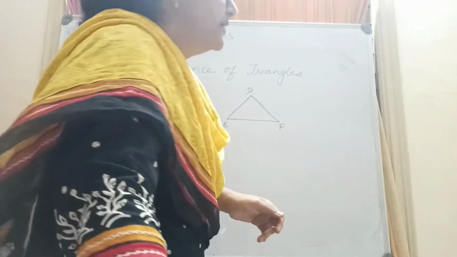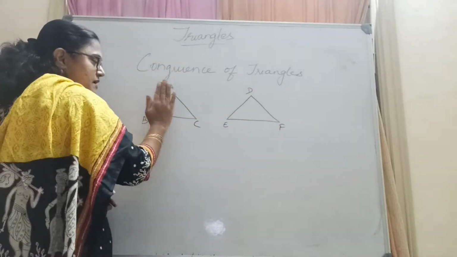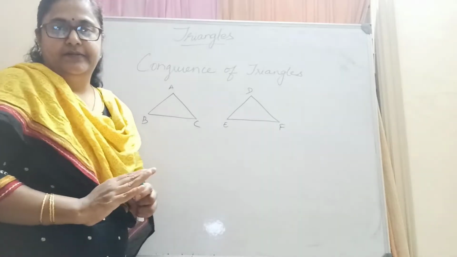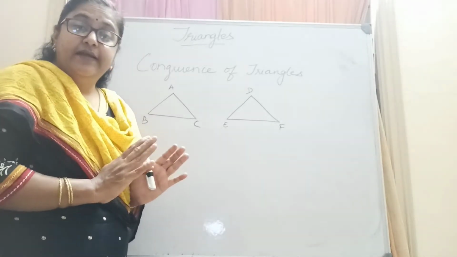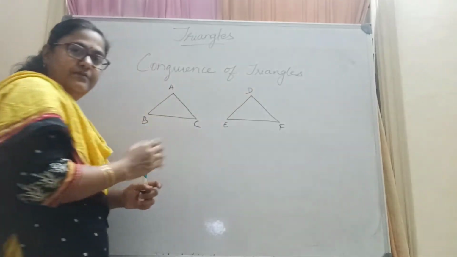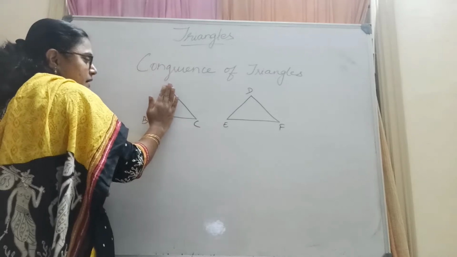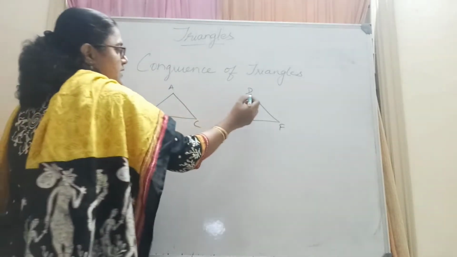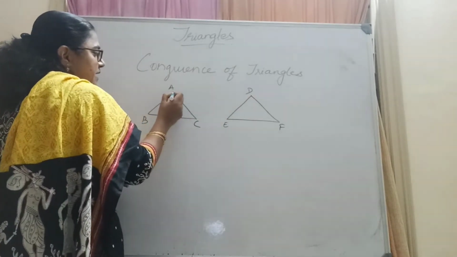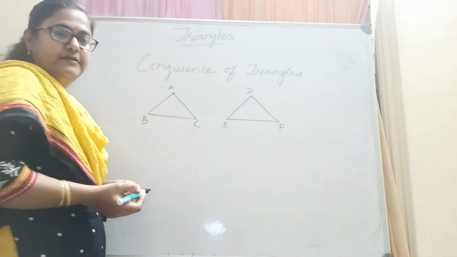Fine. And when I place this DEF on ABC, my ABC should be hidden, right? Why is it getting hidden? Because the corresponding sides are equal, right? Now say if I am placing this DEF on my ABC, D will be on A. So D and A are corresponding to each other.